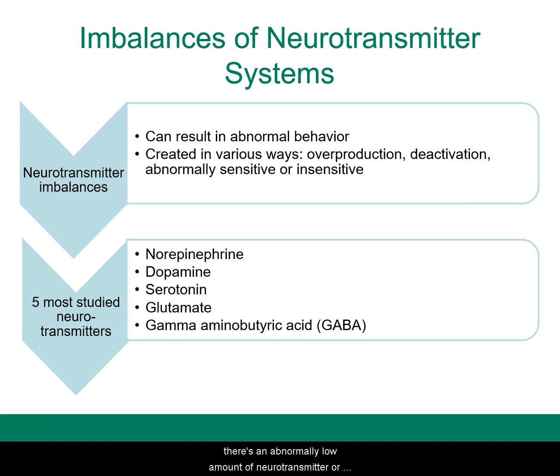So then there's an abnormally low amount of neurotransmitter, or it can be abnormally sensitive or insensitive. Okay. The 5 most studied are going to be your norepinephrine, your dopamine, your serotonin, your glutamate, and then your GABA. Okay, the gamma aminobutyric acid, GABA. Just to give you this little background here.